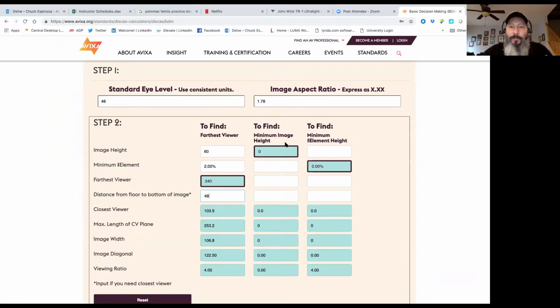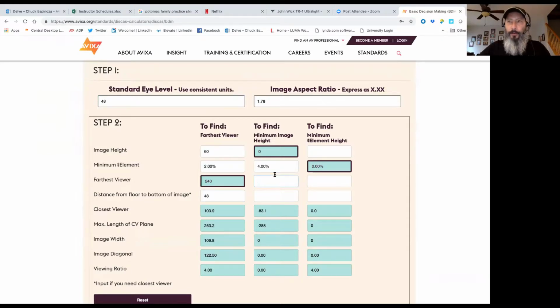Got it. If I want to find my image height, say I have a room and I know my furthest viewer, and I look at my client's content and measure it on their screen, and I know the content percent element height, I can see how big the standard recommends the display. So I go to element height, say it's 4%.